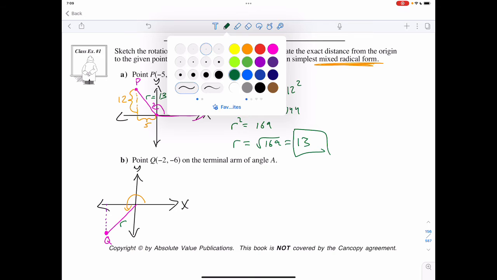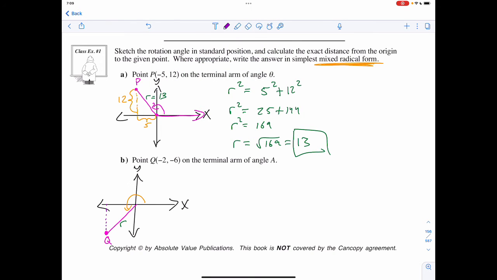but I know that my x value is going to be 2, and my y value is going to be 6. Even though they're negative, remembering that the lengths are the sides of a two-dimensional shape, we always consider positive.